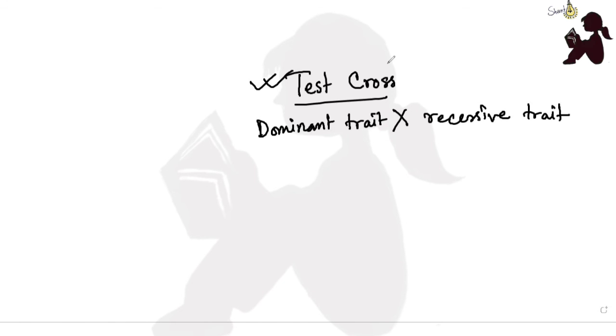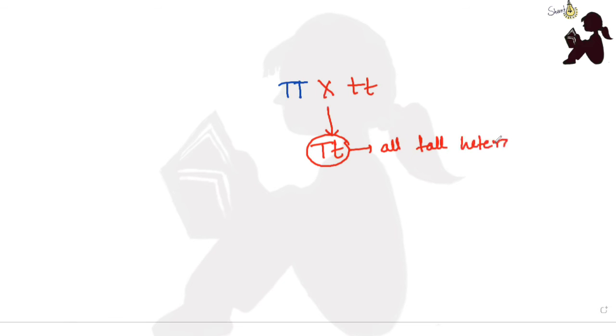Okay, so here from the first cross, where Mendel crossed between the capital T and the small t, he found all tall heterozygous plants, meaning capital T, small t. All tall heterozygous plants. Okay. So this is the parent generation and this is the F1 generation.